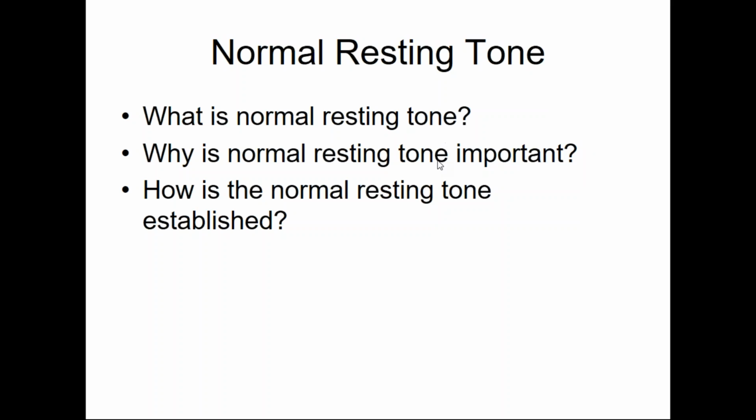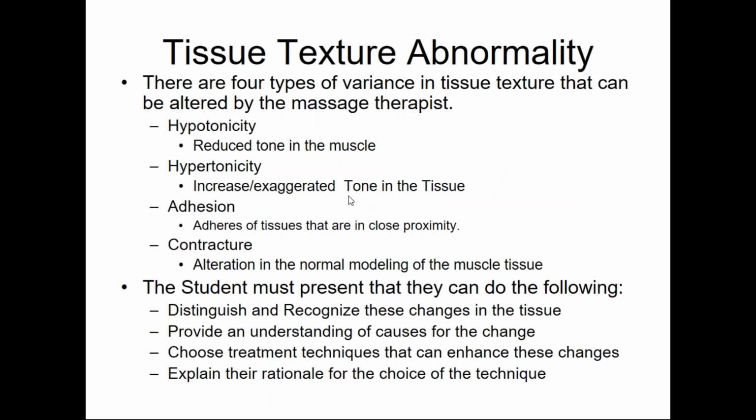Okay, so we've talked already about what normal resting tone is. The next thing becomes when you have abnormality within that tone. You can either have hypotonicity, in other words, a reduced amount of tone. You can have hypertonicity, which is an increased or exaggerated amount of tone within the muscle.